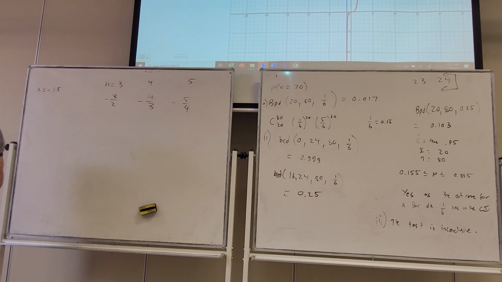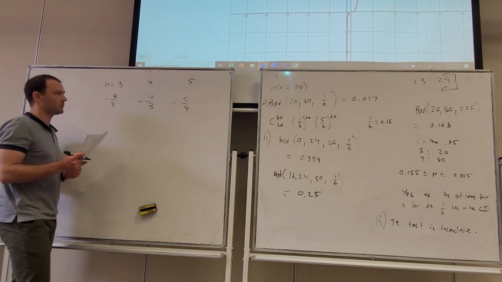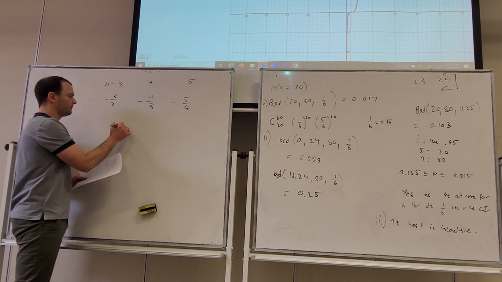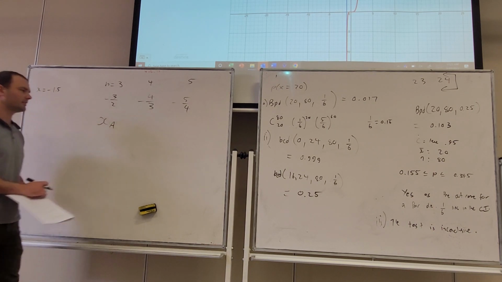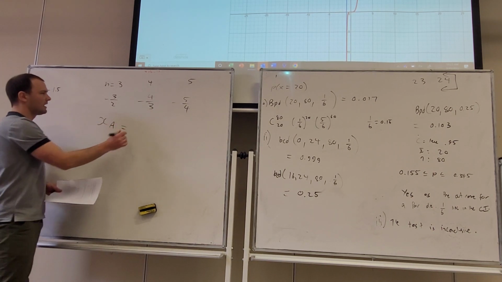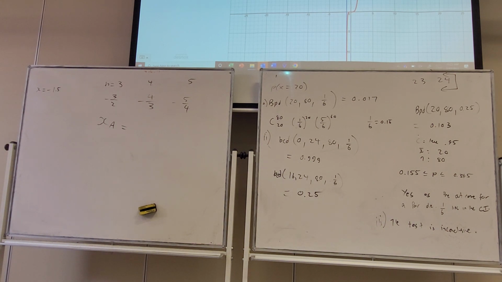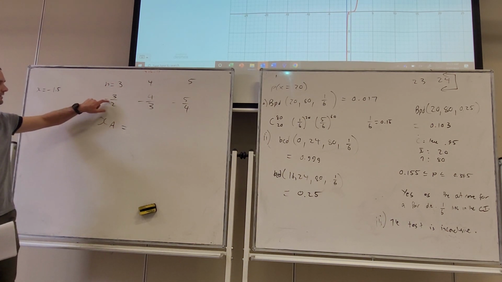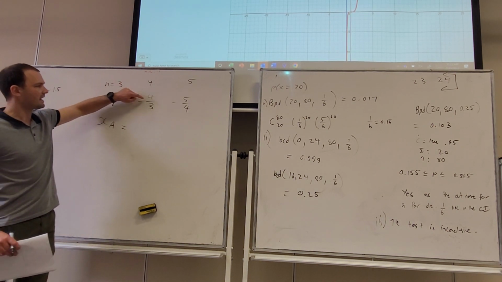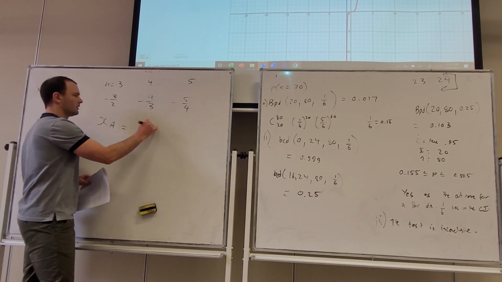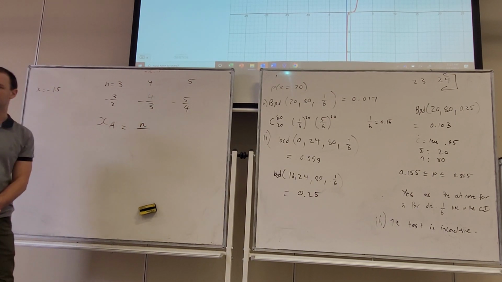All right, so now it says make a conjecture. On the basis of your answers, make a conjecture about the x coordinate of point A for the function. So you can write it like this, the x coordinate of point A, and its relationship to n. How is it related to n? Okay, so it seems like n is the top number, and the bottom number is n take 1.